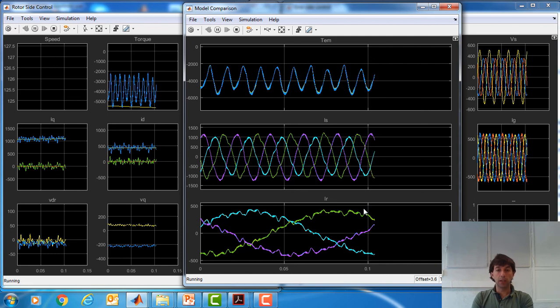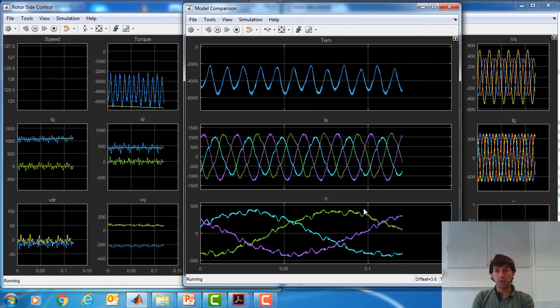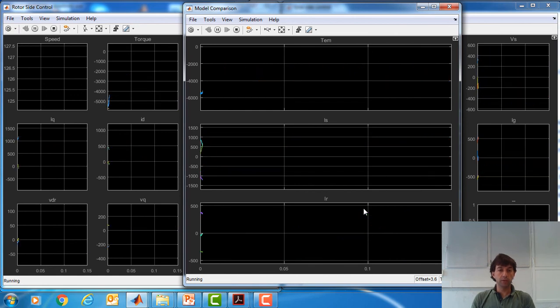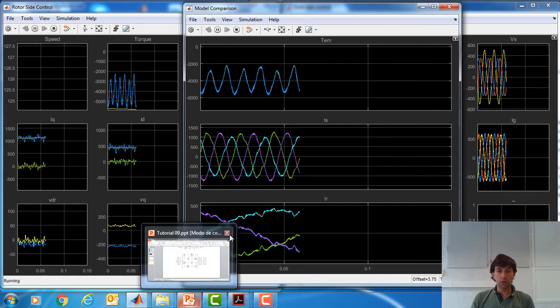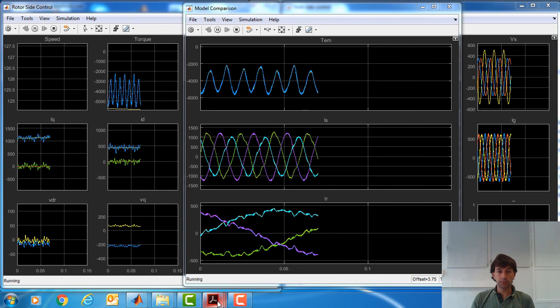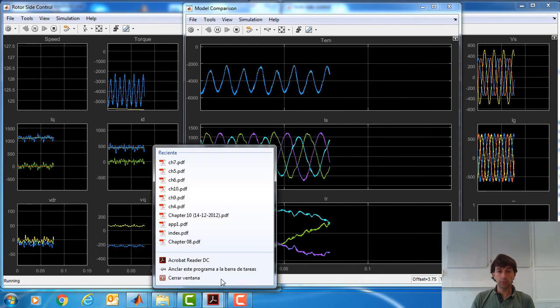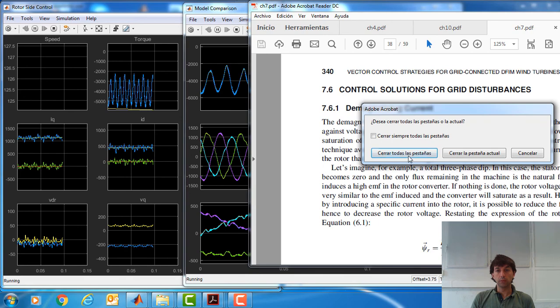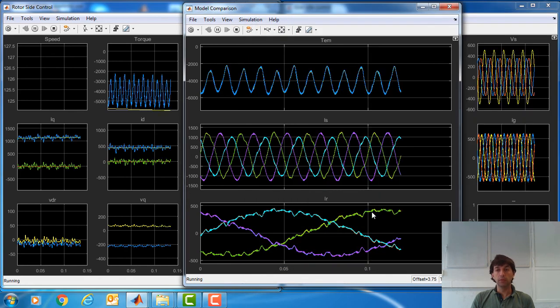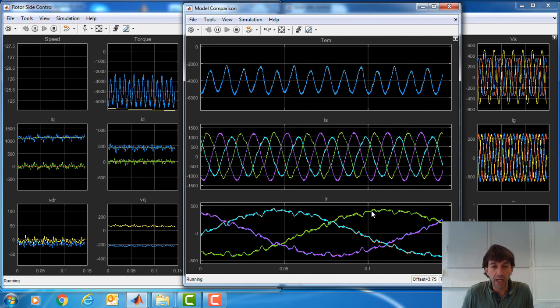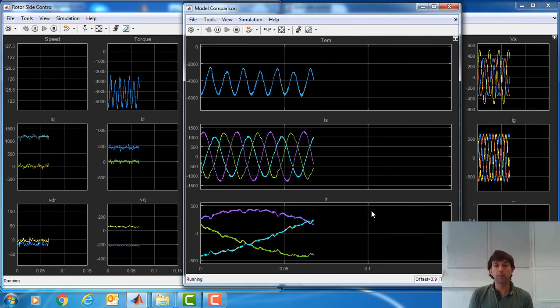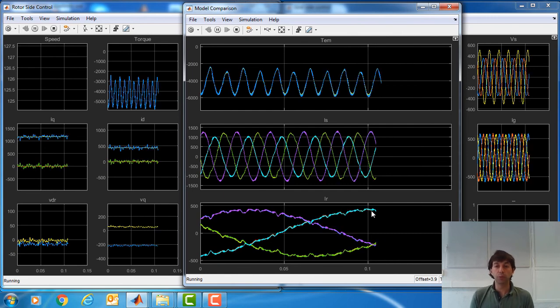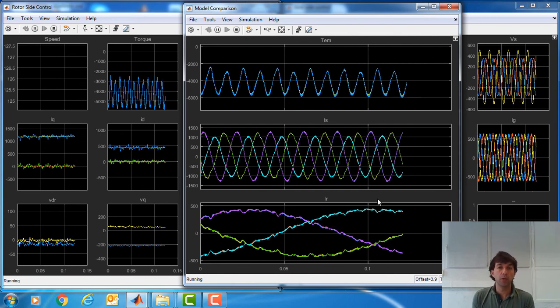So let's wait a little bit more. It's needing some time because we have in this computer many programs working. Let's close some of them. So maybe we help the memory of the computer. But now we will finish.